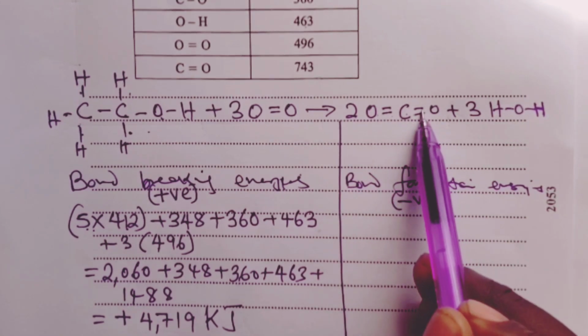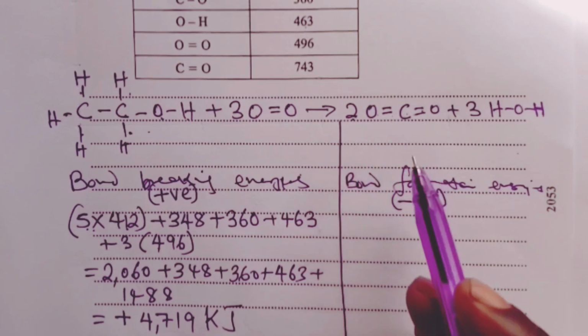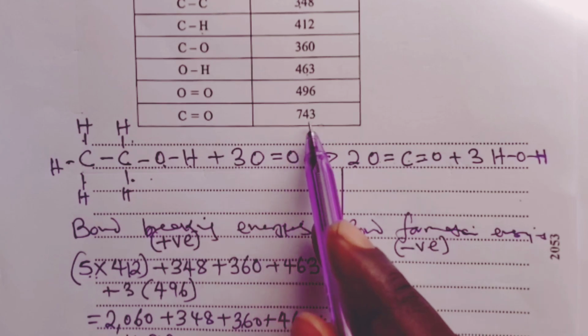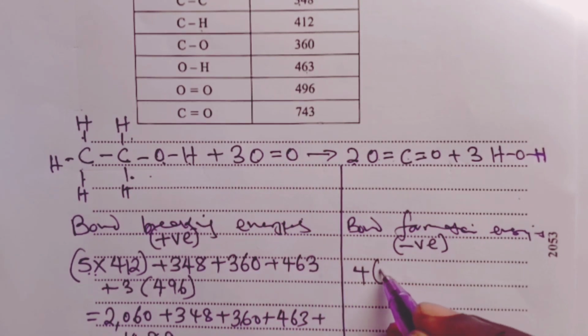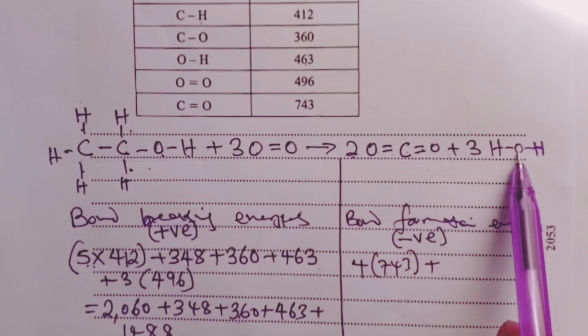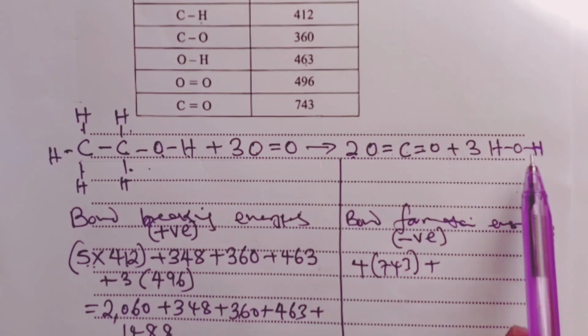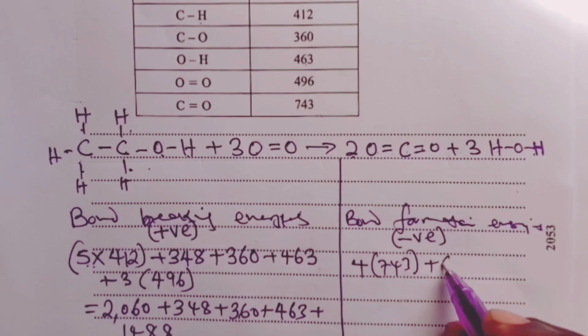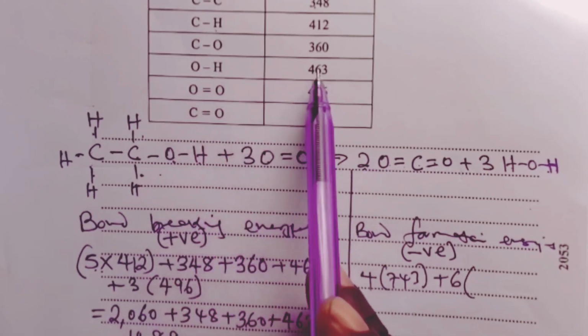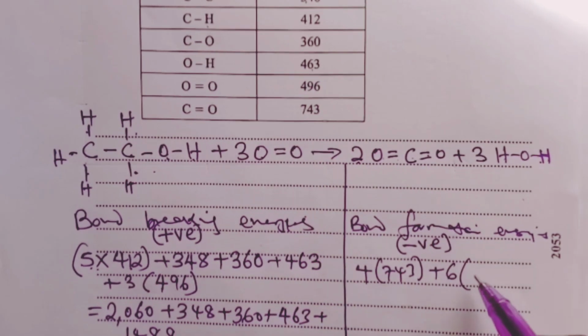I have 2 times 2. That would be 4. So 4 CO. CO is accompanied by 743 kilojoules of energy. This I'll add to OH are 2 here times 3. That would be 6. 6 times OH is 463.